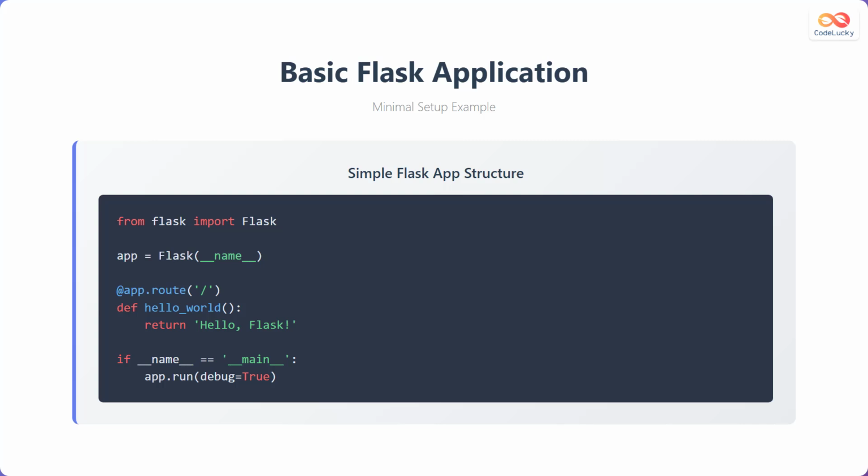Creating a basic Flask application requires just a few lines of code. First, you import the Flask class from the flask module. Then, create an instance of Flask, typically named app, passing the special variable __name__ as an argument. This helps Flask determine the root path for your application. Next, you define routes using the @app.route decorator, which tells Flask which URL should trigger which function.